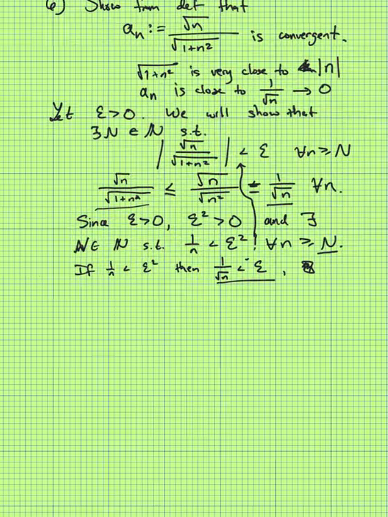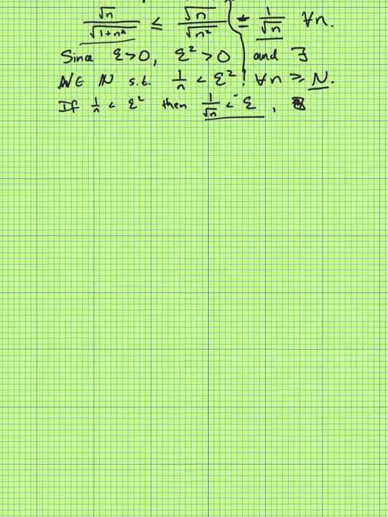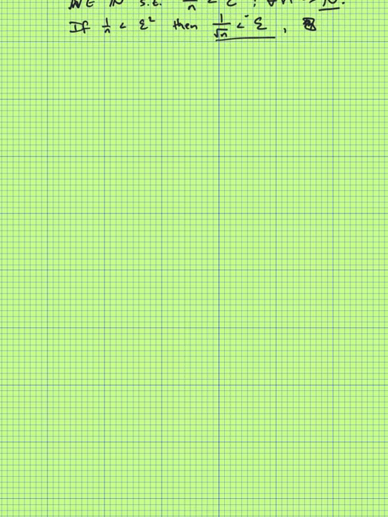Okay, so let me go to number 7, which was, suppose we have a sequence a sub n which is convergent, n equals 1 to infinity.